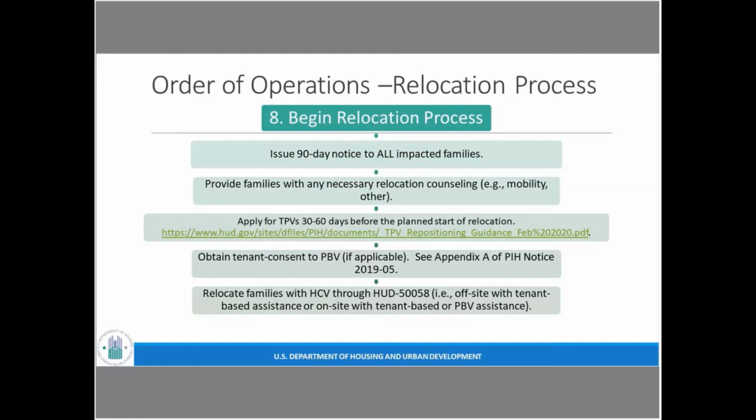SAC approval will give the Housing Authority the authority to draw down the TPVs right after approval, but not before 30 to 60 days before the Housing Authority is actually planning on issuing those TPVs to the families and starting the relocation process. And during this time, the Housing Authority can do the family briefings and obtain the tenant consent if it hasn't already, if the plan is to PBV the project.